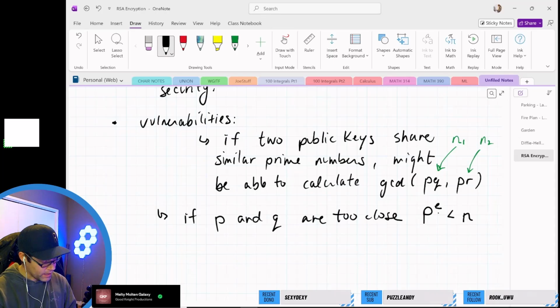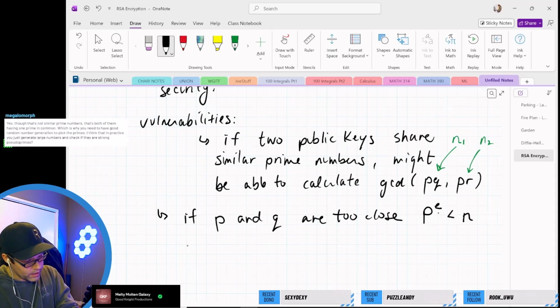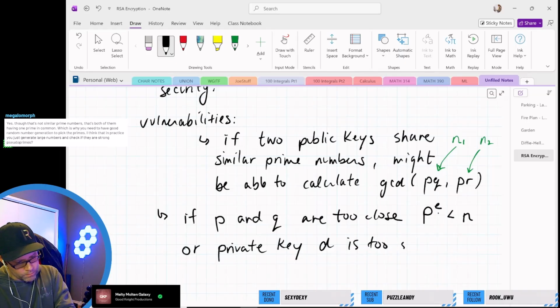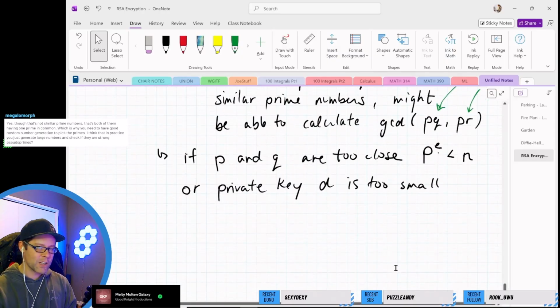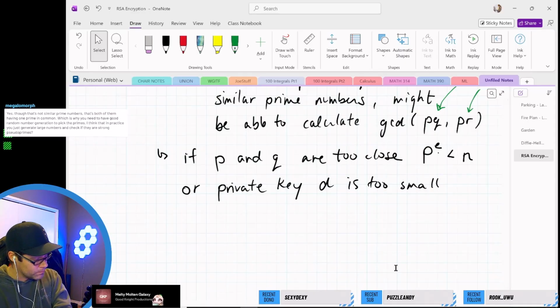So this could be the case, or the private key D is too small. So if that happens, I guess it's probably computationally easy to calculate what that private key should be.